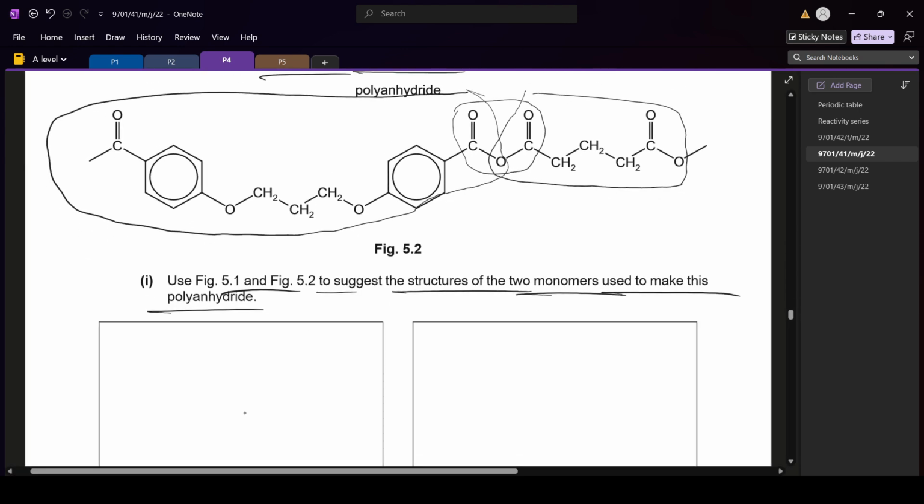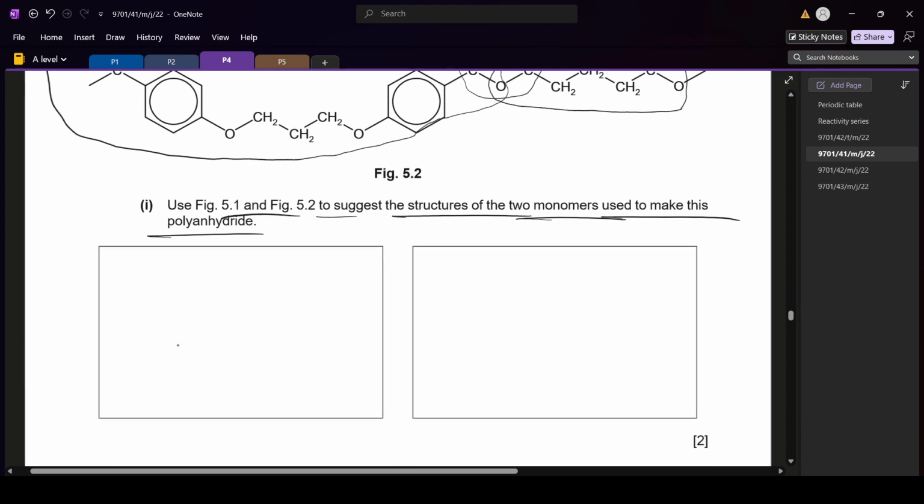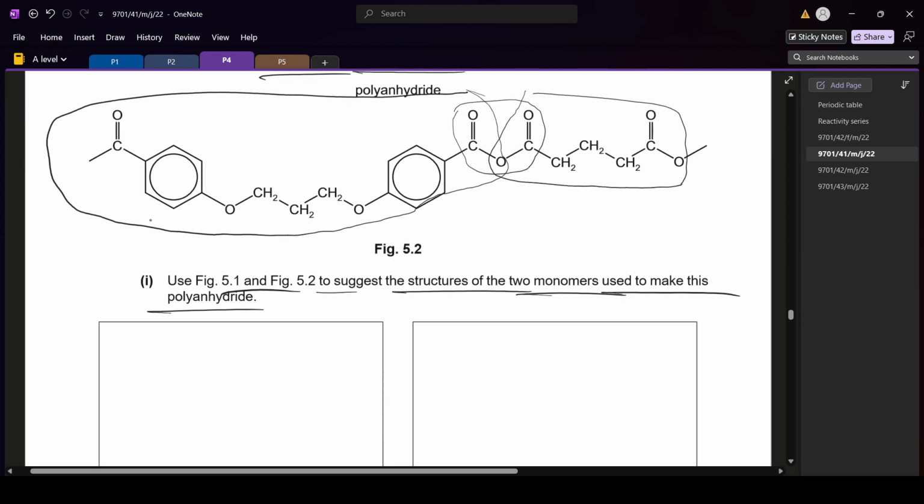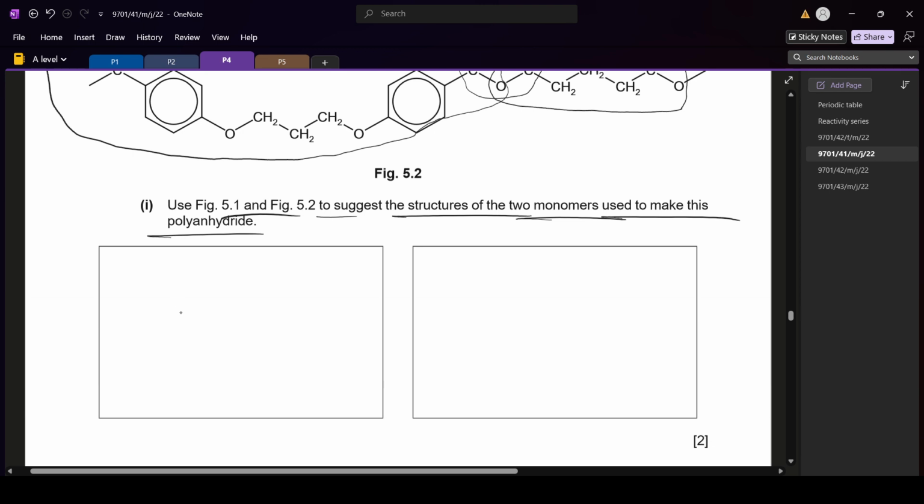Firstly I'm drawing this bigger monomer which has rings attached. You can draw it in a skeletal formula, which will be an easier way to draw.